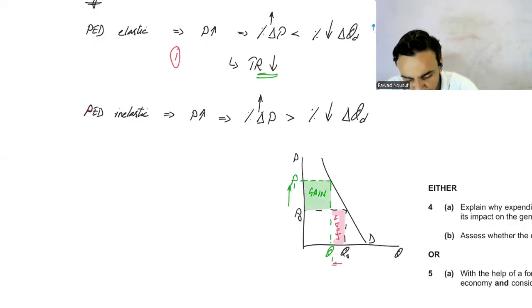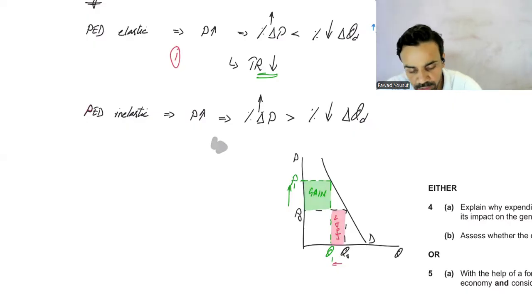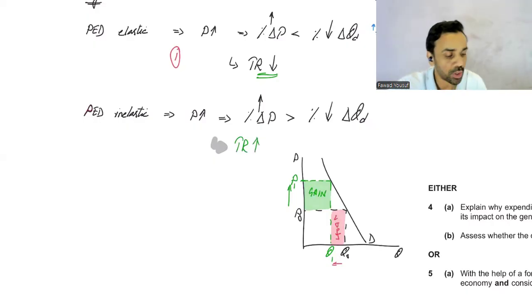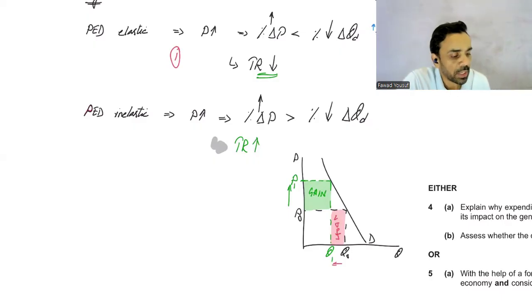If you have difficulty, ये मैं gain loss क्या कर रहा हूँ? I've explained this very thoroughly in my lectures. So you can take a look at this, and at the end, you must make the connection that if the price is rising, then revenue is going to rise as well. So you're going to get a mark for this.